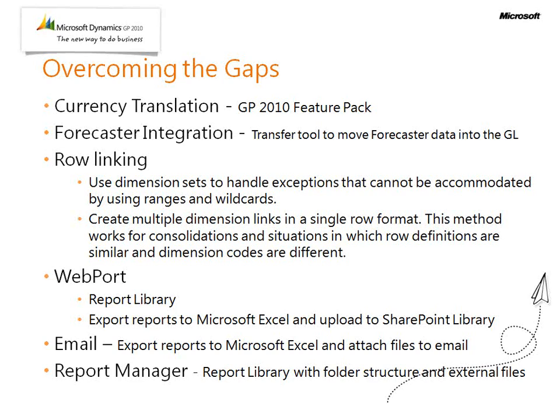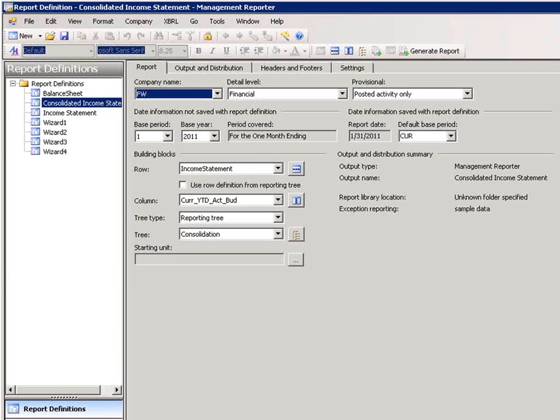That was something that was a bit of a workaround within FRX. Better row linking and web-based reporting are feasible, so we don't have to have the users connected into the system. There's a much lower cost methodology for them to access the reports, and we'll go through some of that in a minute, especially in delivering that through email or as attached files in the form of PDF or Excel reports.